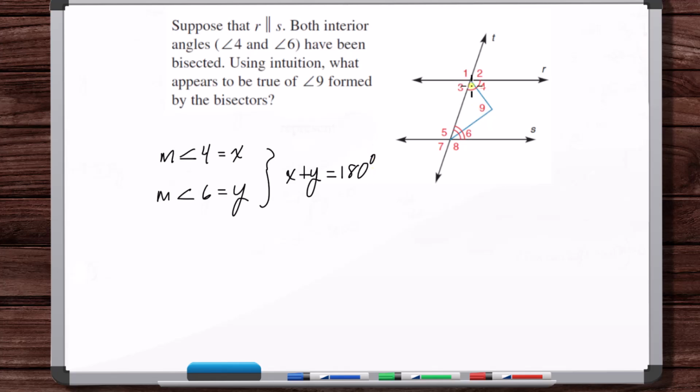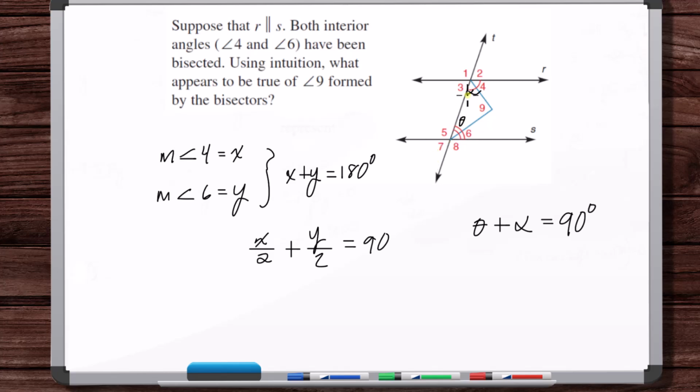But if they've been bisected, then you can divide x by 2 and y by 2, so yes, those are complementary, these two. So let's call this angle theta and this angle alpha of this triangle. So theta plus alpha is equal to 90.